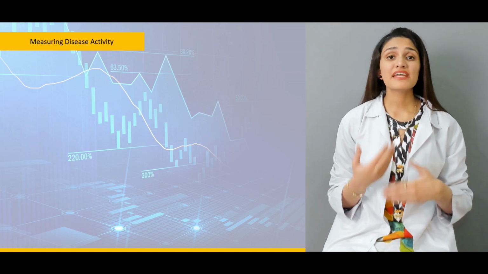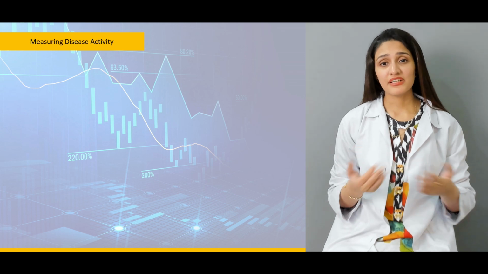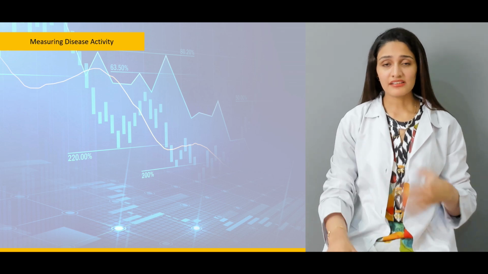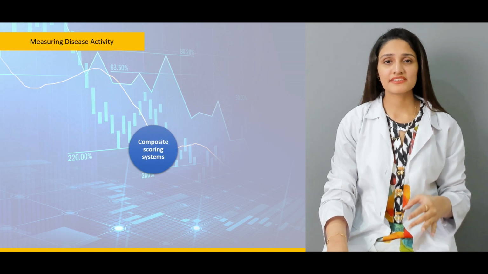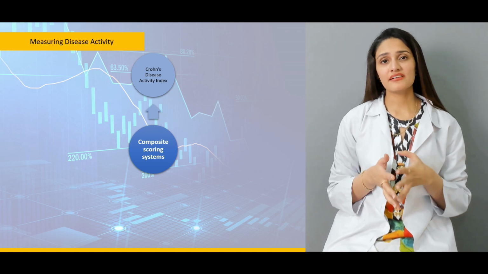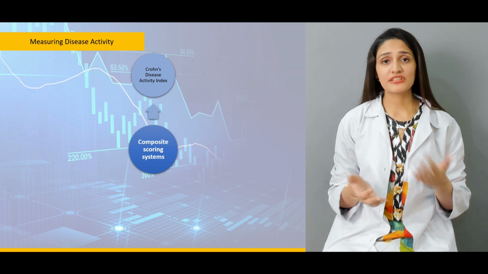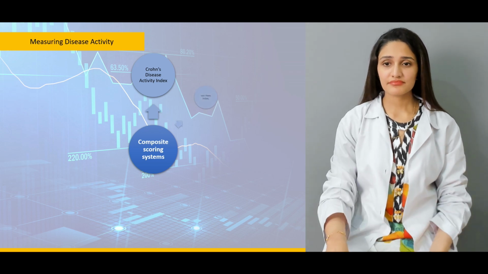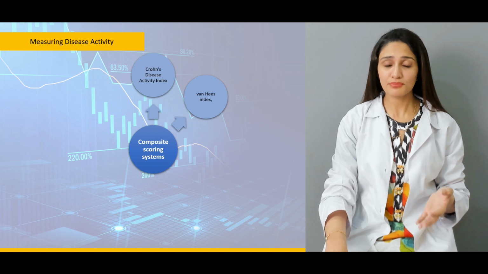So it's very rare. But to help measure disease activity, there are a lot of different indices. I'll be mentioning a few, such as the composite scoring systems, which include the Crohn's Disease Activity Index. This is the main index that we can use to measure disease activity. Secondly, the Van Hees index has also been very popular.